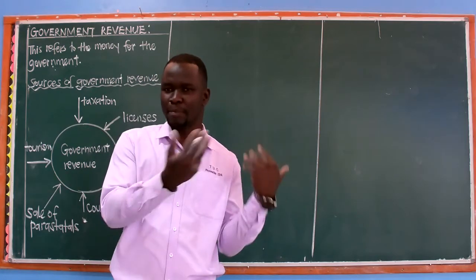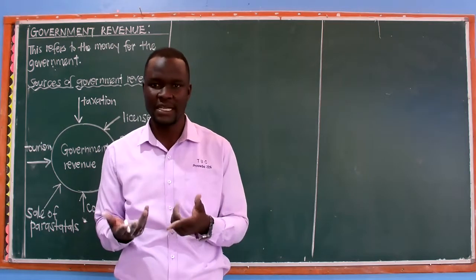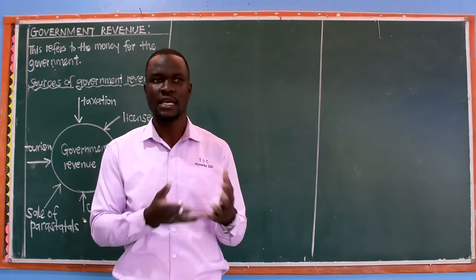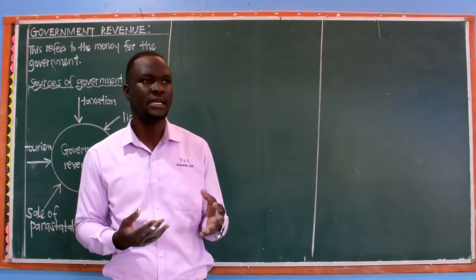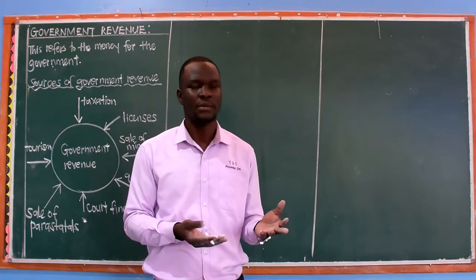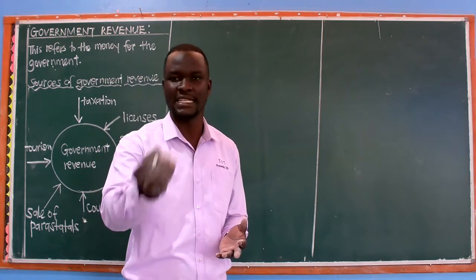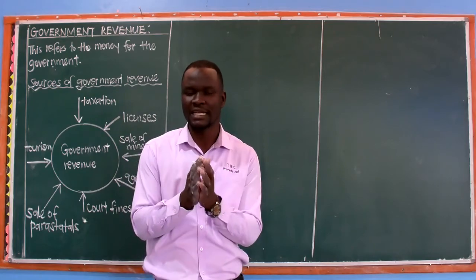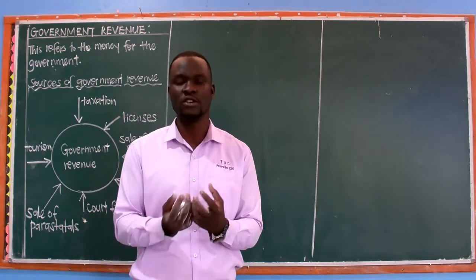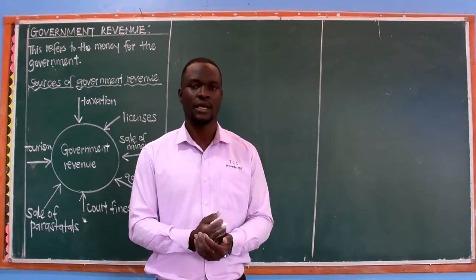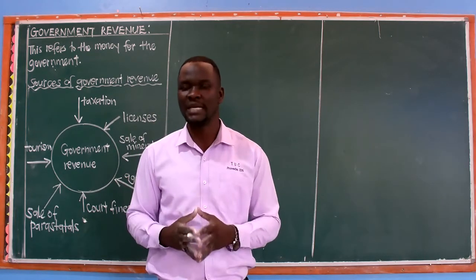They have to get permission from the government authorities, from the government officials. So you'll find that maybe at the town council, they can get that license for them to operate, for them to have their business. The money that those people pay to get that license also goes to form government revenue.